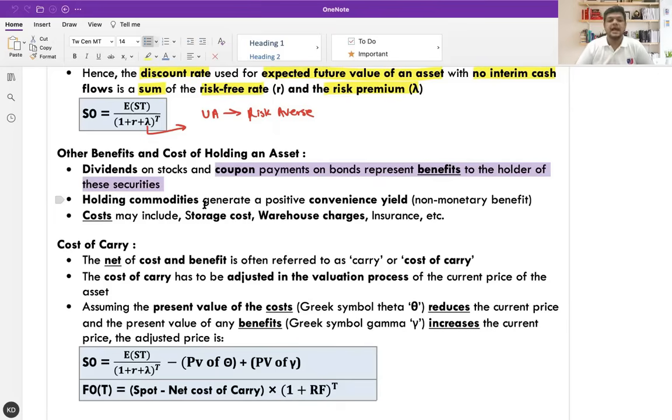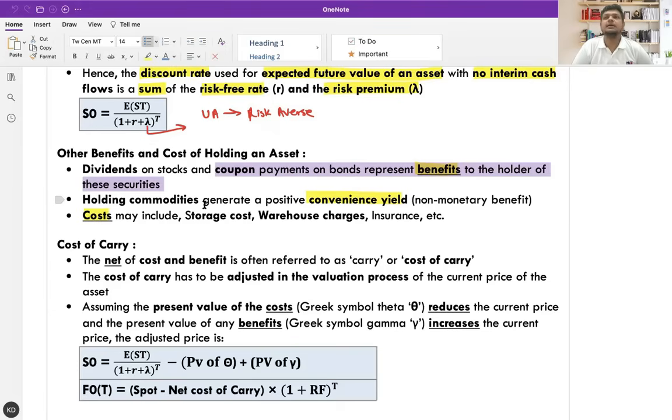So benefits and costs. Holding the commodity does have some cost. I've discussed the benefits and I've discussed the costs. Now let me discuss one more thing, that is called the convenience yield. What is the convenience yield? We're going to discuss that in detail in the non-monetary benefit, but just for your reference.